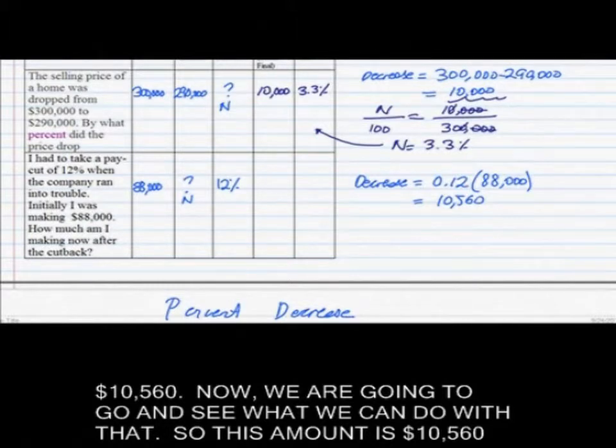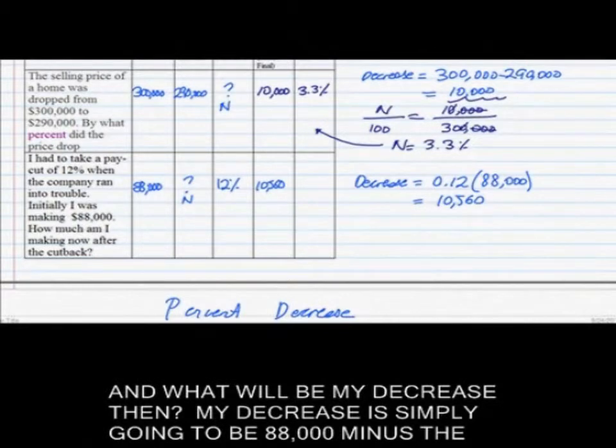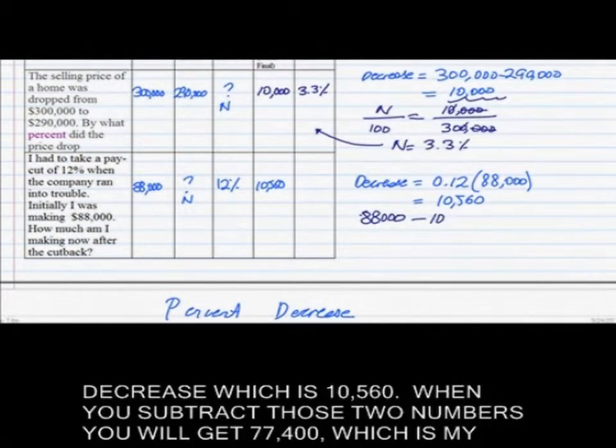Now we are going to go and see what we can do with that. So this amount is $10,560. And what will be my final amount then? My final amount is simply going to be 88,000 minus the decrease, which is 10,560.